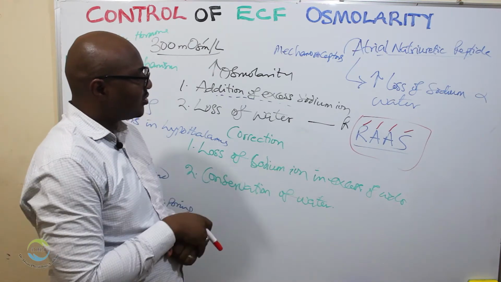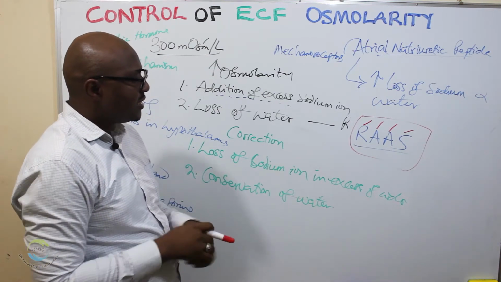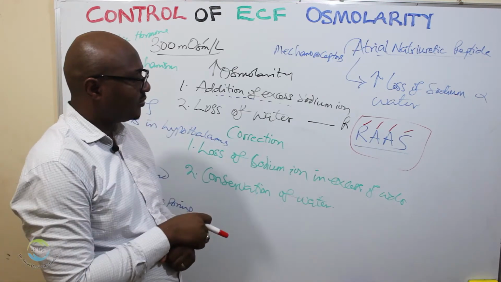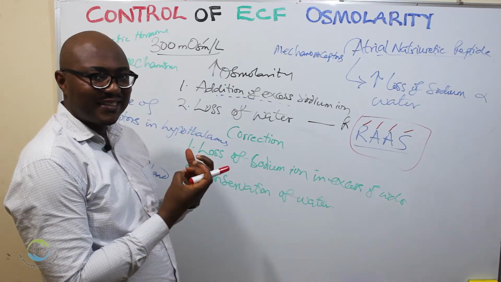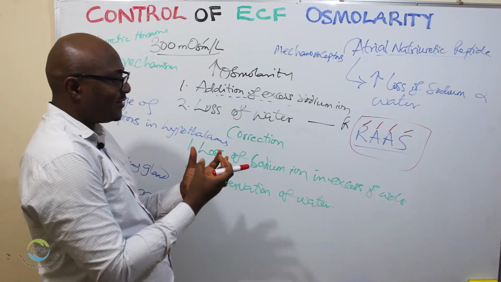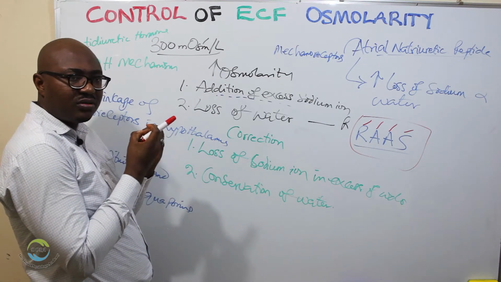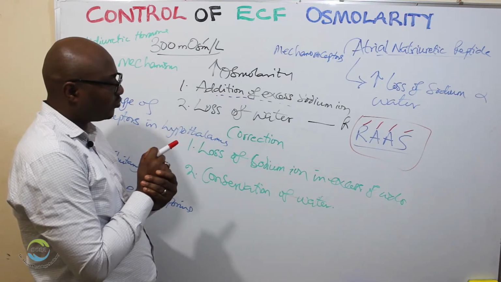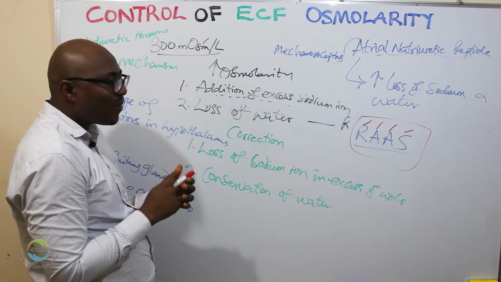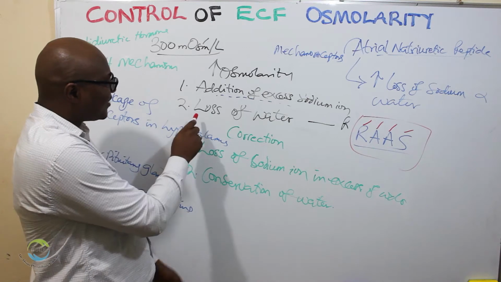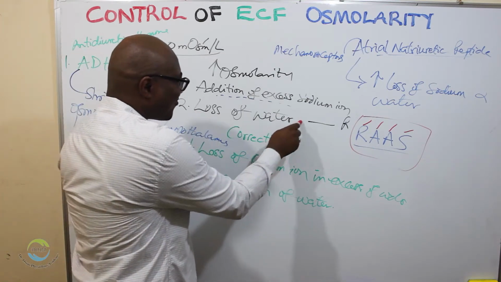So look at what happens. In this system, what triggers it is when there is reduced volume, blood volume. So it happens more in the case of this loss of water.